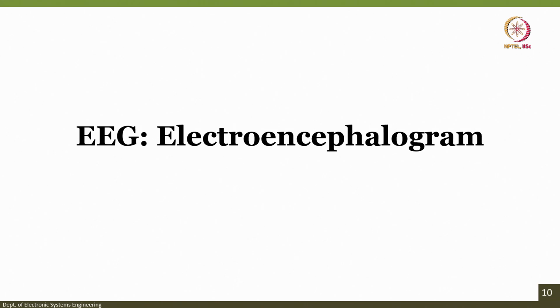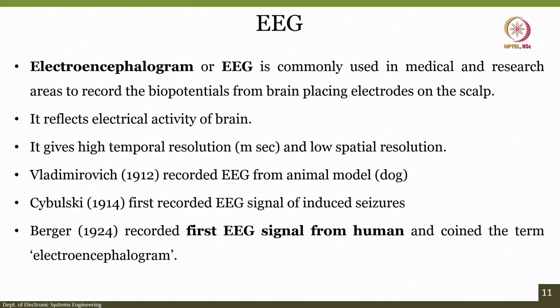Now, let us draw our attention to a term called EEG, which stands for electroencephalogram. The term EEG, or electroencephalogram, is commonly used in medical and research areas to record the biopotential from the brain by placing electrodes on the scalp.